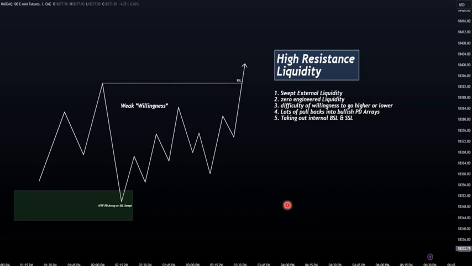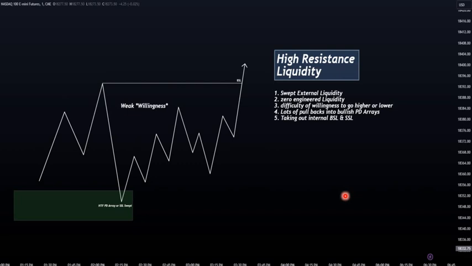It might not occur, but it could still occur. It's a 50-50 chance, but that depends on all the other factors that add on top of it. So first, sweeping external liquidity. That's the first step. If we swept it, we have a 50-50 shot of it being a high resistance versus low resistance. Number two, we have zero engineered liquidity.